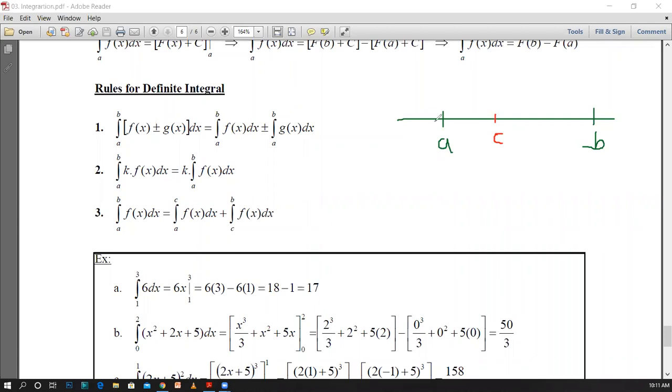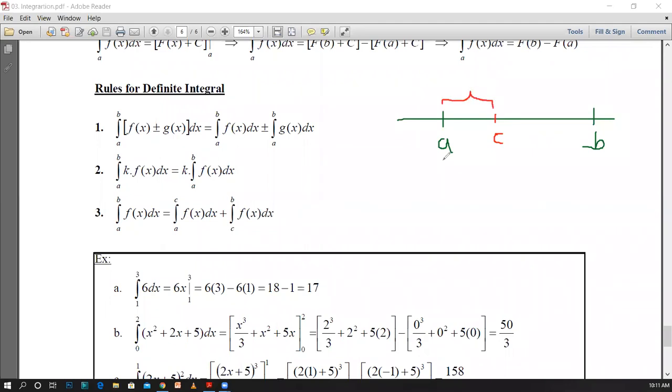Sometimes this rule will be helpful if you need to define this value for the integral. First of all, you can integrate the function f(x) in the region of a to c.